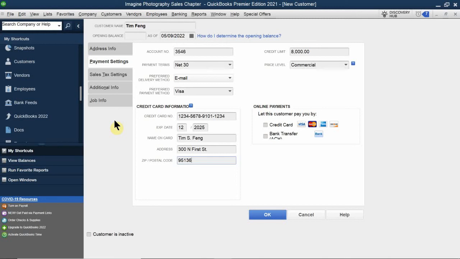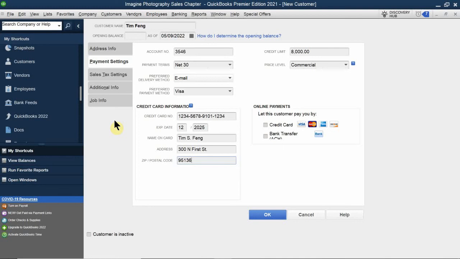Any reason that you have a customer that has the same exact name, you're just going to have to dig into more information and change the title, saying, okay, this is Tim S. Fang number 2 or Tim S. Fang number 3. And you're just going to have to make sure that you know the difference between them, or again, maybe type out his entire middle name. So instead of S, it could be Steve, right?